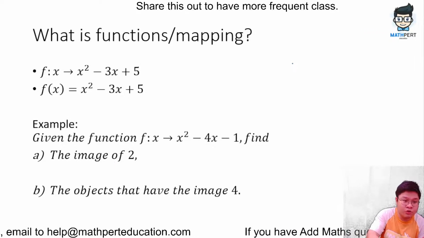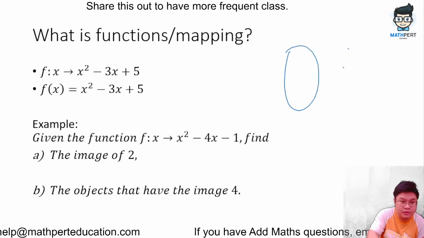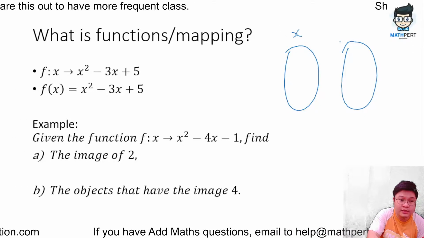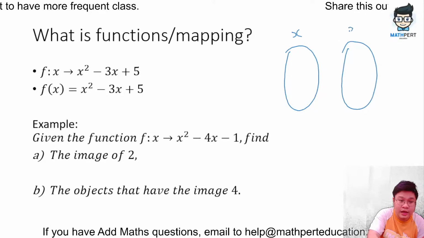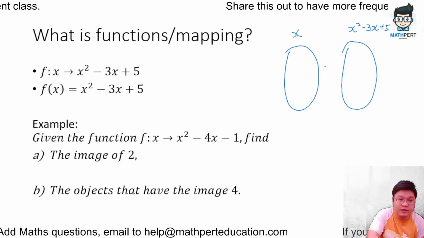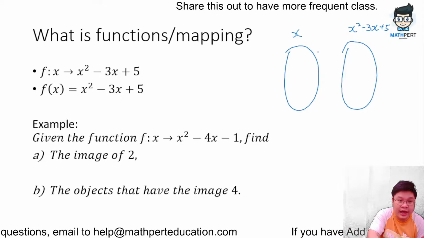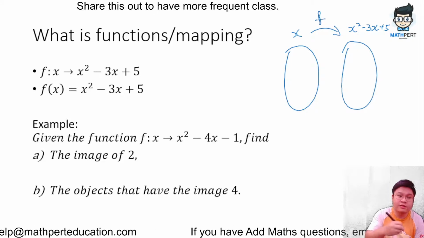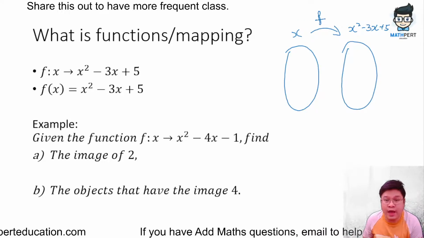Right, so if we draw it, this is x, this is x squared minus 4x minus 1, and then the function f. Alright, image is where?